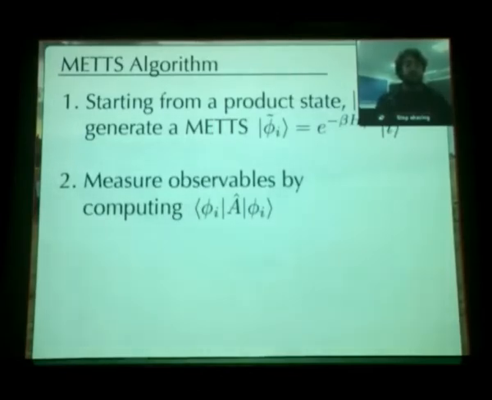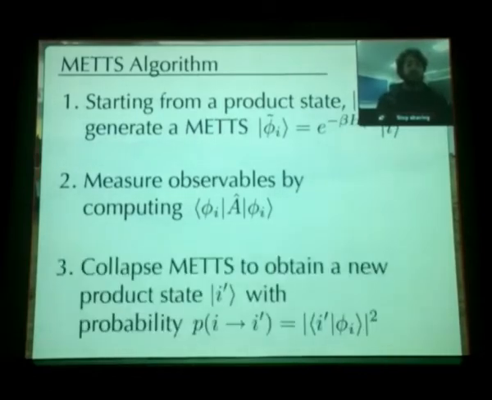Once you normalize it, you can measure any observable you like, including the energy or magnetization, any local observable, and you save those numbers, and then you average those numbers at the end to get the thermal average. Then when you're done with that METTS, you collapse it by the method I just showed, and that gives you a new product state automatically with probability I prime overlap with phi I, squared. And so that's guaranteed to give you the next METTS with the correct probability.